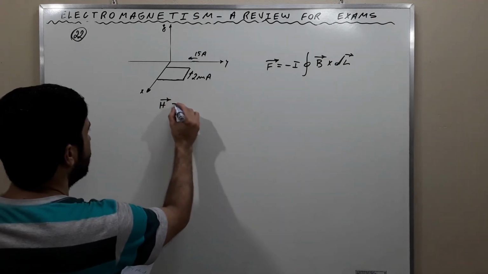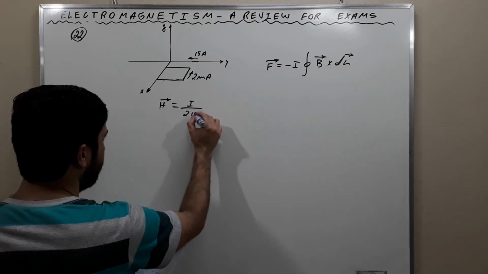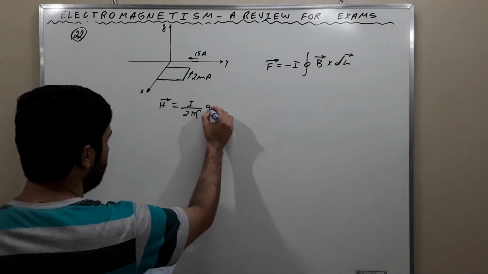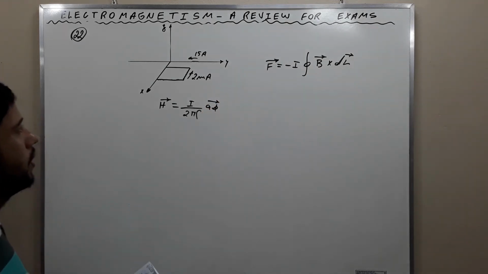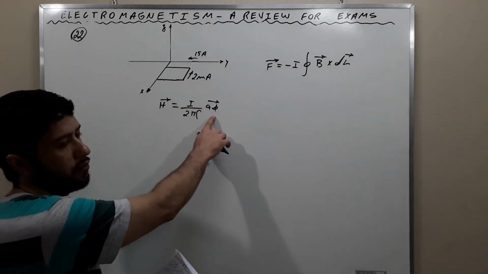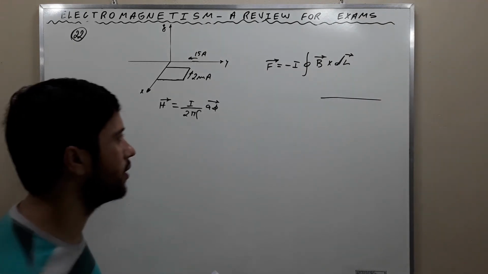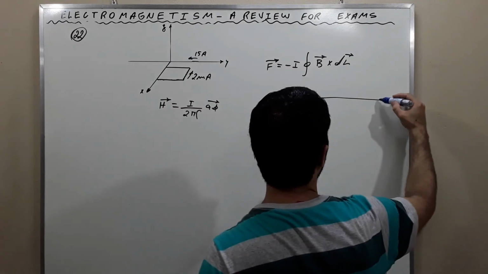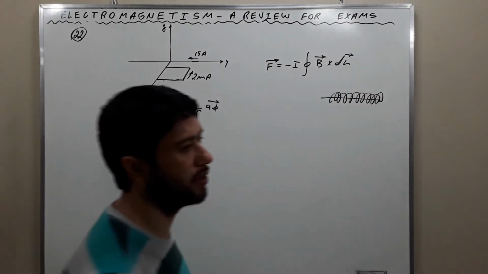The magnetic field is I over 2 pi rho, a_phi, okay? Because why phi? Because we know that for a filamentary conductor, the magnetic field goes in this direction here.